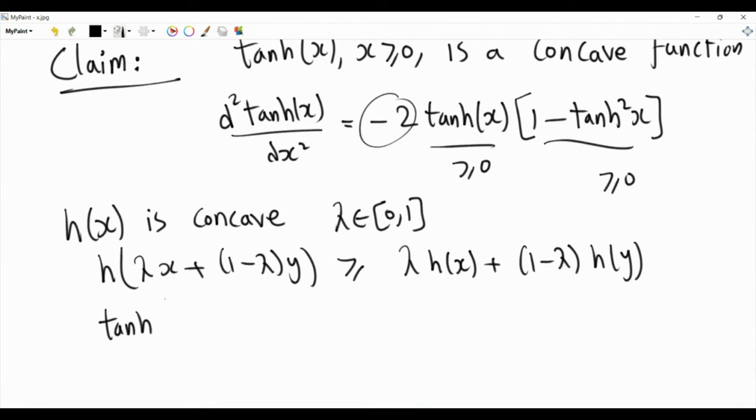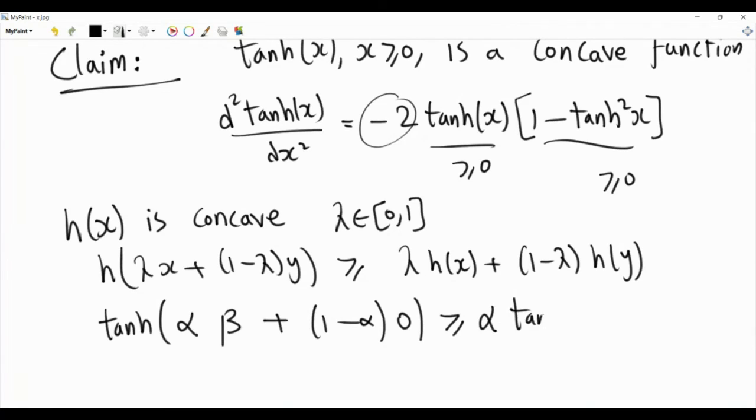So tangent of alpha beta plus 1 minus alpha times 0, from concavity, is greater than or equal to alpha tangent beta plus 1 minus alpha tangent of 0.